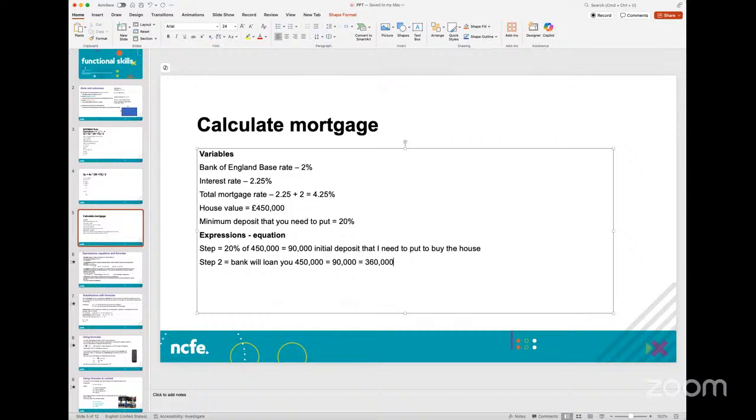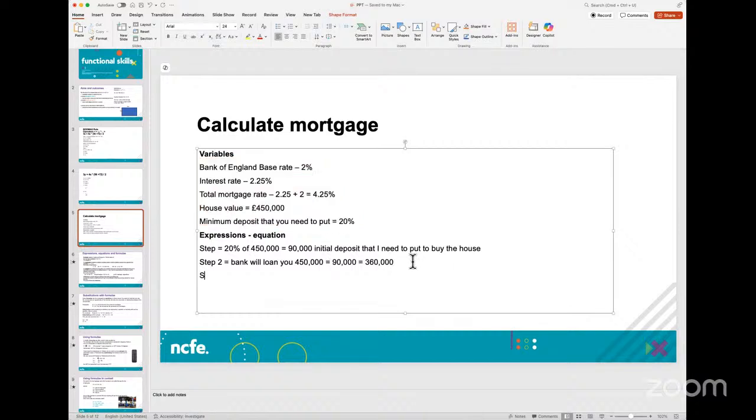That is the loan, or amount of mortgage, that you need, correct? So 450,000 minus the initial deposit of 20%, 90,000, means you need 360,000 as the loan. This makes sense because we know these variables, and from them we are converting this into meaningful information. Now I know some part of it is coming through.